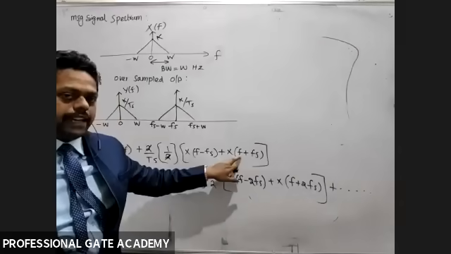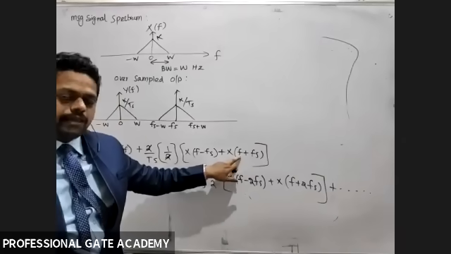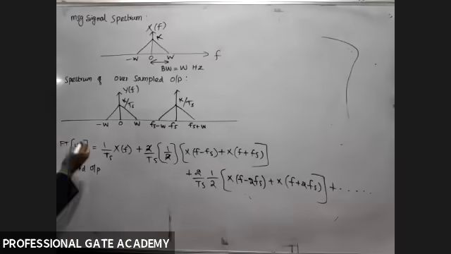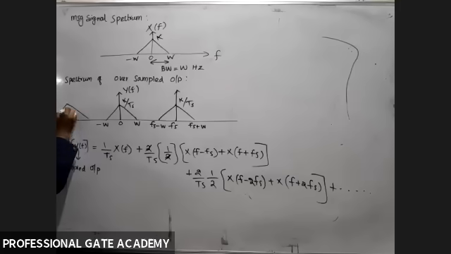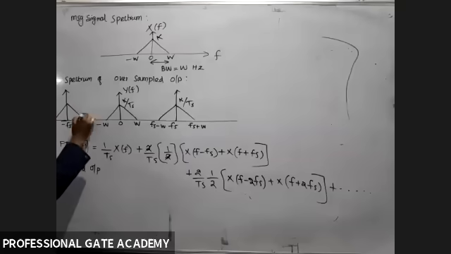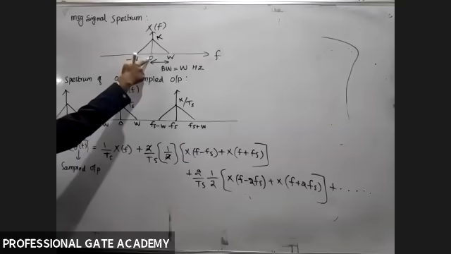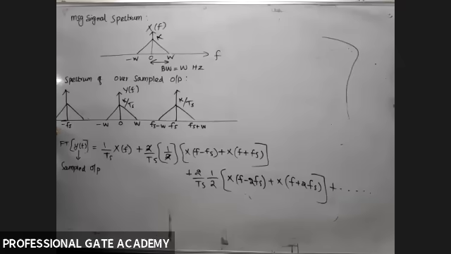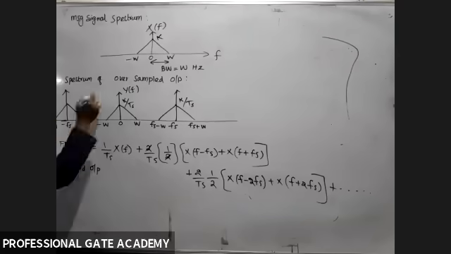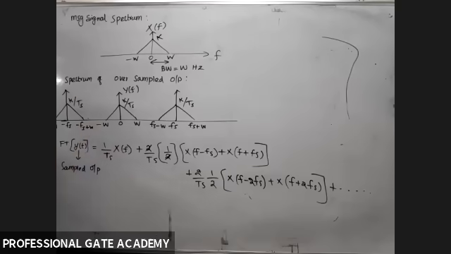Then what about the third term? Students, what about the third term? X of f left shifted by fs. Left shifted means minus fs. Same diagram. So left shifted means add minus fs. This becomes minus fs minus W, then this becomes minus fs plus W. Here the value is K by Ts.